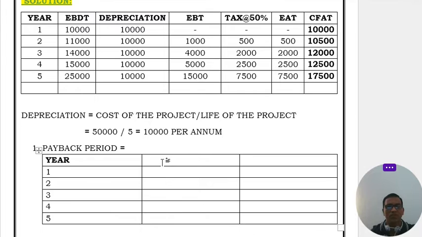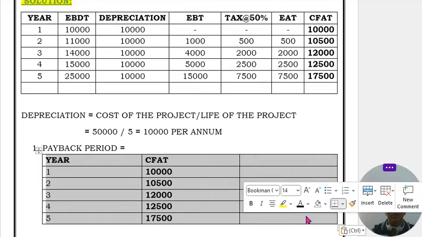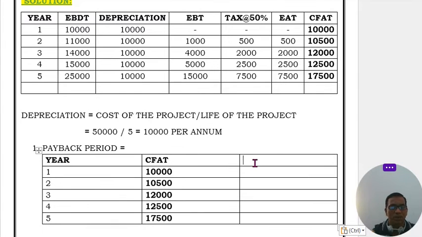And then we need the cumulative cash inflow, that is, the cumulative CFAT column.